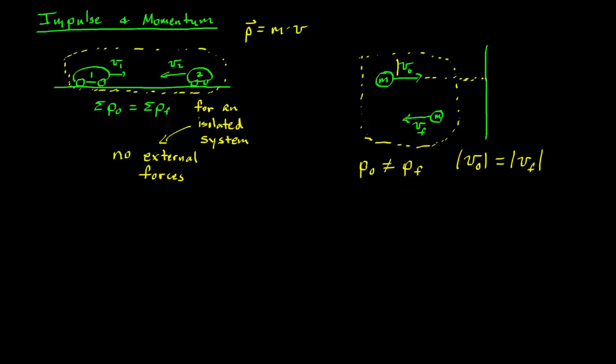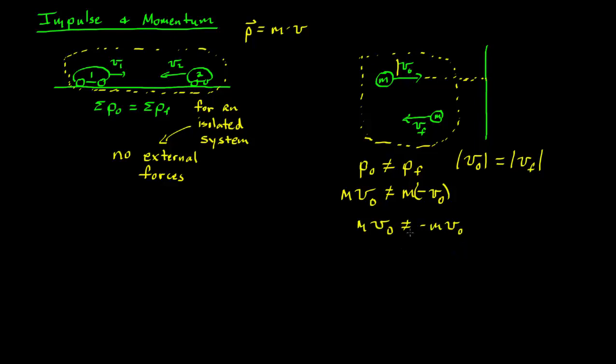And because of that, it's not the same. So if we write this out, the momentum to begin with is mass times v naught, and then the momentum after is going to be mass times negative v naught. Because again, they're the same magnitude. So mv naught is not equal to negative mv naught, clearly.